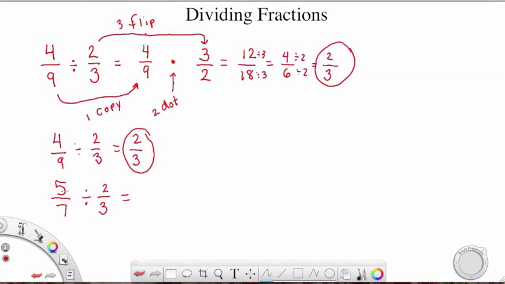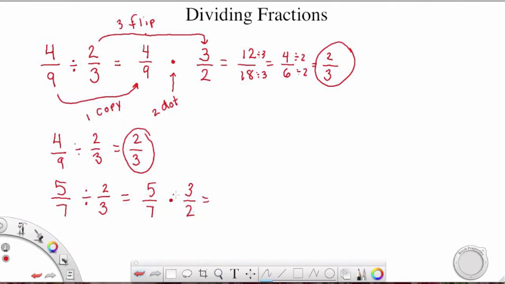But let's practice our copy dot flip. We have 5/7 divided by 2/3. So our first step is copy the first fraction down, 5/7. Then we put a dot, and we're just changing our division sign to multiplication. And then we have to flip our second fraction, so 2/3 becomes 3/2.